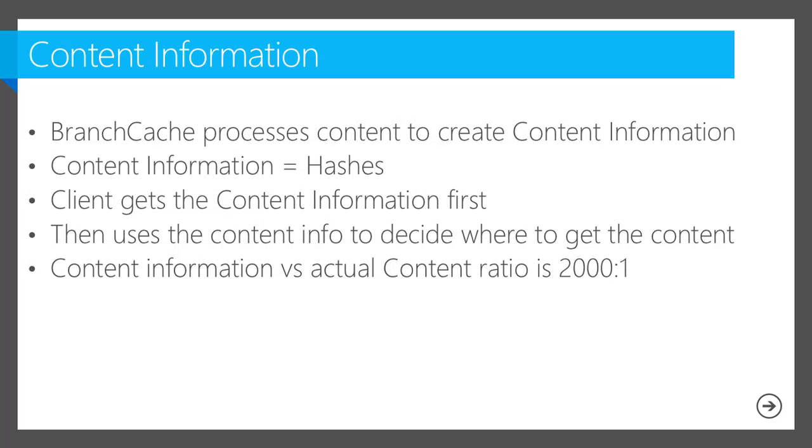So when a client gets stuff from branch cache, it gets the content information first, and then it does a broadcast to see if anyone else on the subnet has got that content information. And this is what enables branch cache to significantly lower the traffic between the server and the client. The content ratio is approximately 2,000 to 1. So the content information is pretty much 2,000 times smaller than what you're actually going to deliver.